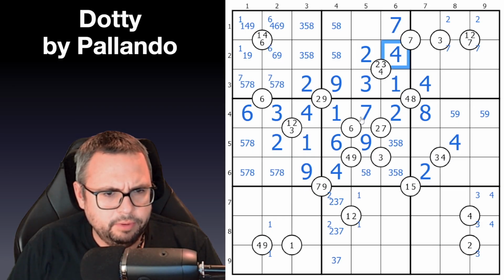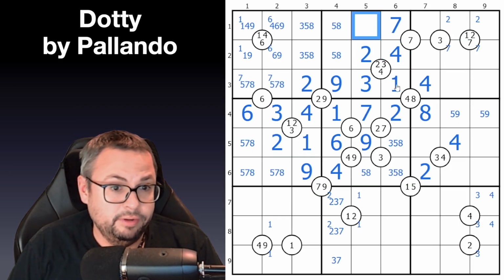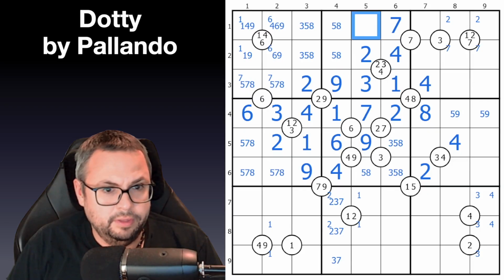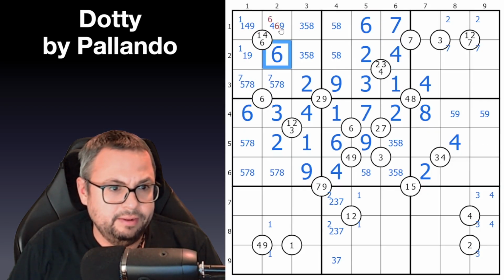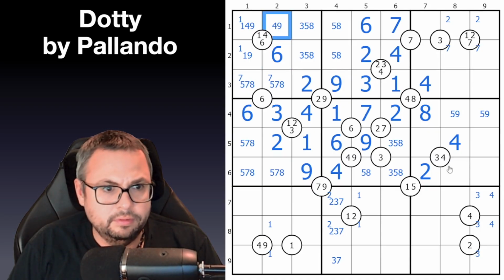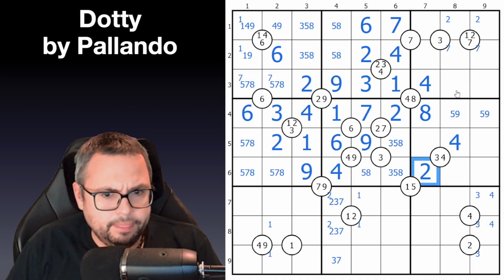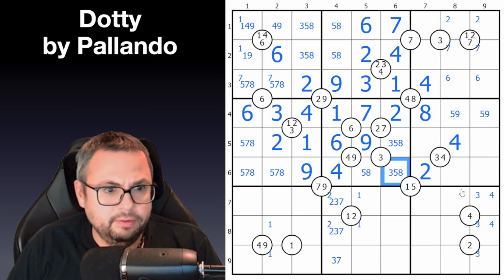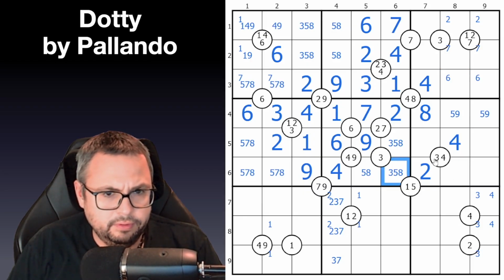Okay, we know there's a 3 over there. Oh, we know what this digit is. It's the last digit in the box. It is a 6, it would seem, which seems to place that 6. Means one of these two over here is a 6.